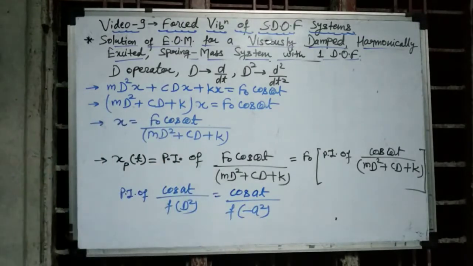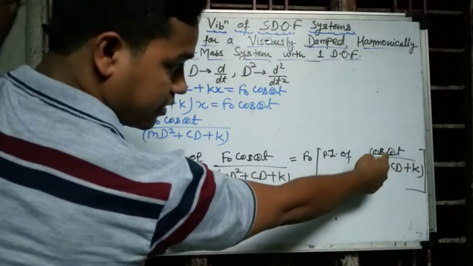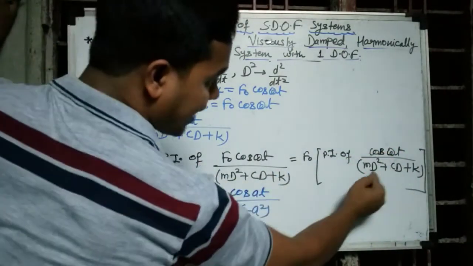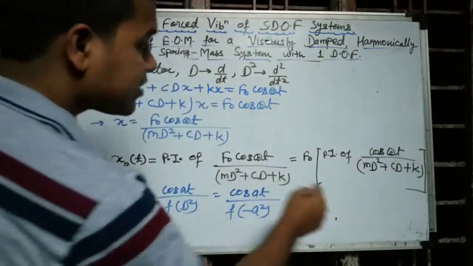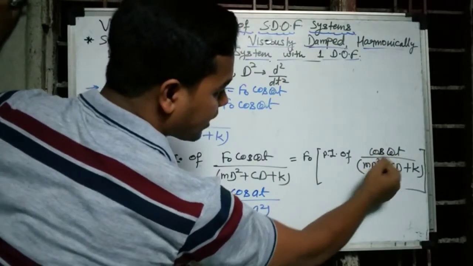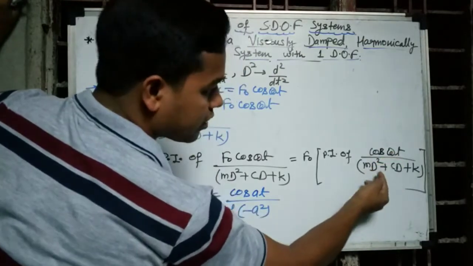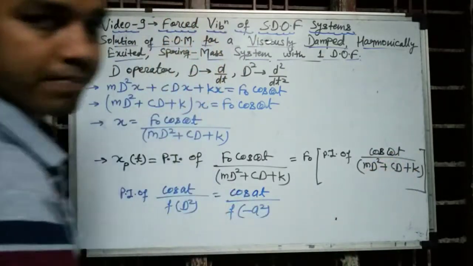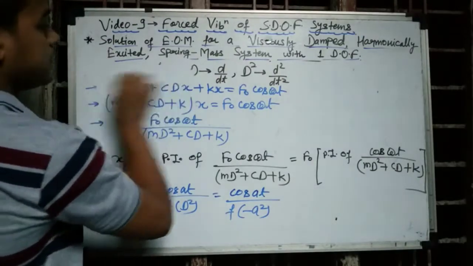This is the PI, right? So here I have cos omega t, that means my a is omega here. And in the denominator I have a function of D square, m D square plus c D plus k. That means the PI of this entire thing will be cos omega t by (m into minus omega square plus c D plus k), right? I'll write it here.